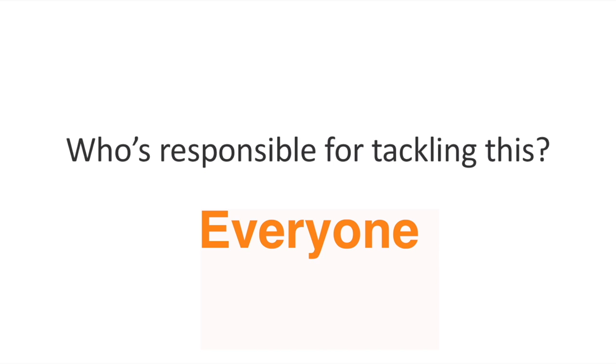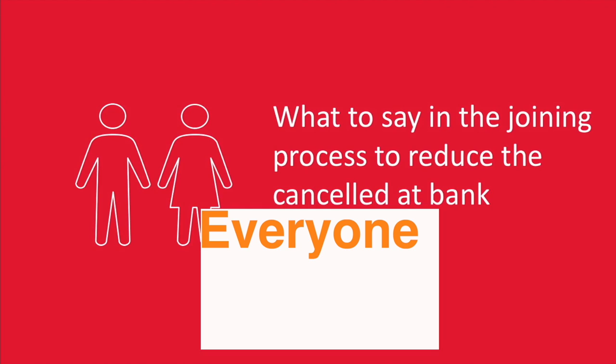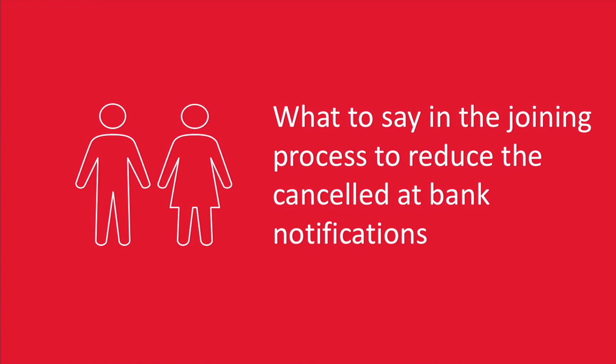And we need to think about the systems that we use, the combination of our customer service, our customer journeys, and our customer experience, and those three different elements and how they work together. So one of the points I said I would make in today's session was about what to say during the joining process to reduce the cancelled at the bank notifications.